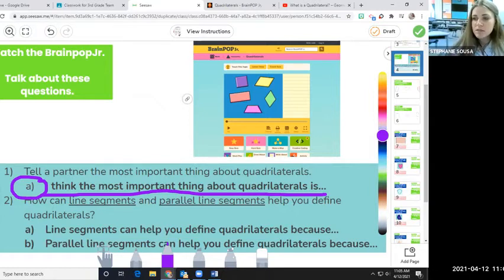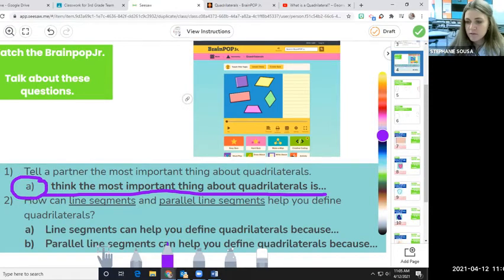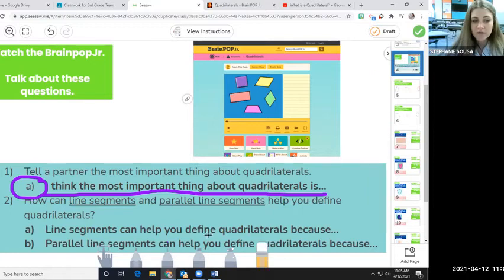What is the most important thing about a quadrilateral? Daniel, what do you think? A line segment. It says, I think. So what your partner did does not matter here.